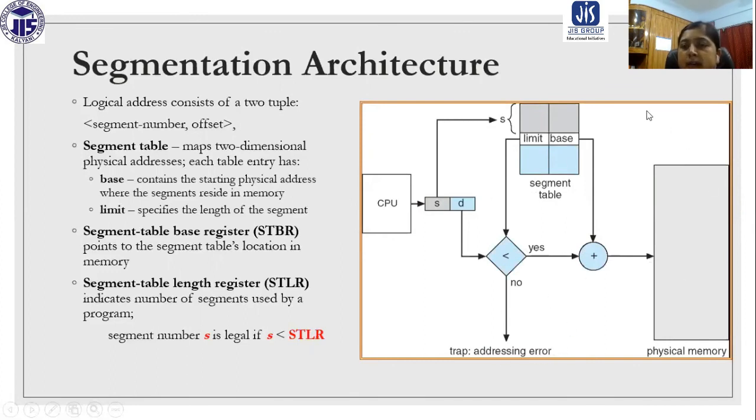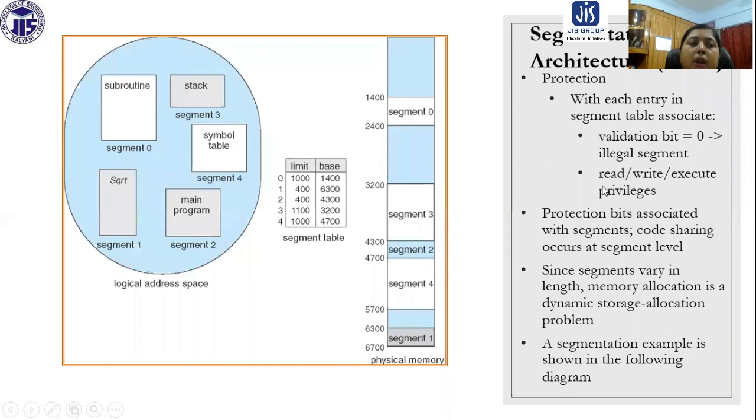So this is the segmentation hardware, just like paging, only some differences are there. And this is an example. Here you can see segments 0, 1, 2, 3, 4, and this is the segment table. From the segment table we come to know that segment 0's limit is 1000 and the base address is 1400.